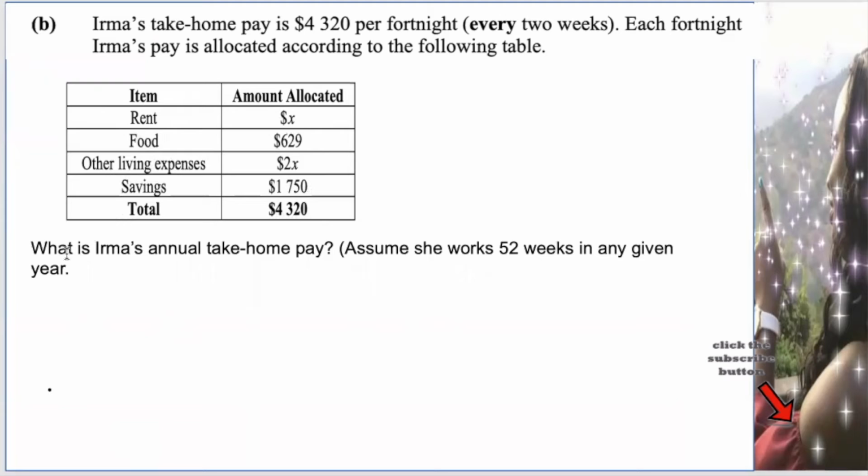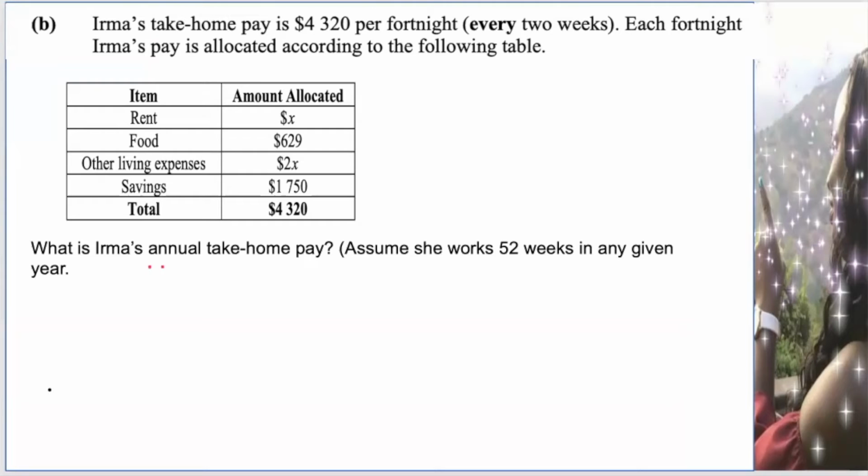Now the question is, what is Irma's annual take-home pay, assuming she works 52 weeks in any given year? So they want annual pay. Now remember, you're paid every fortnight. That means every 2 weeks you're going to get paid.